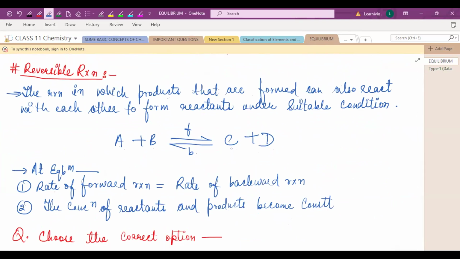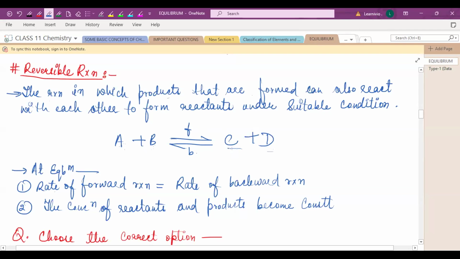So the reaction which can be reversed, the product can again be reversed to a particular reactant. Suppose A plus B, these two are reactants, they react with each other and they form C plus D. This is known as forward reaction. This is the arrow, and this shows that the reaction is proceeding in the forward direction.